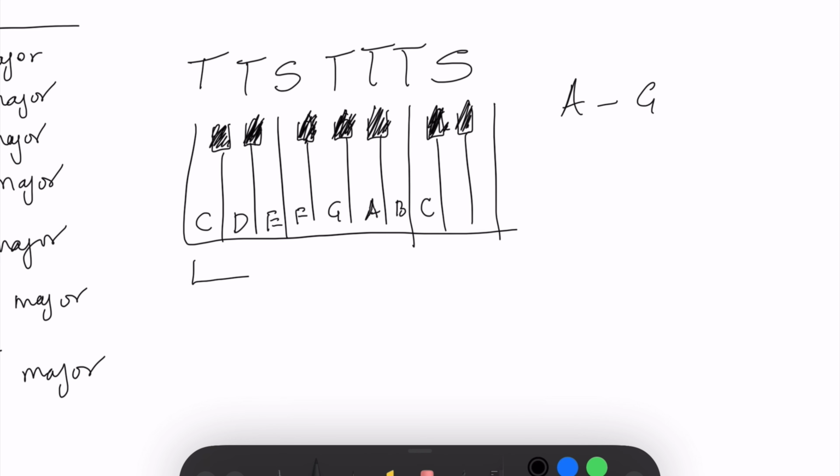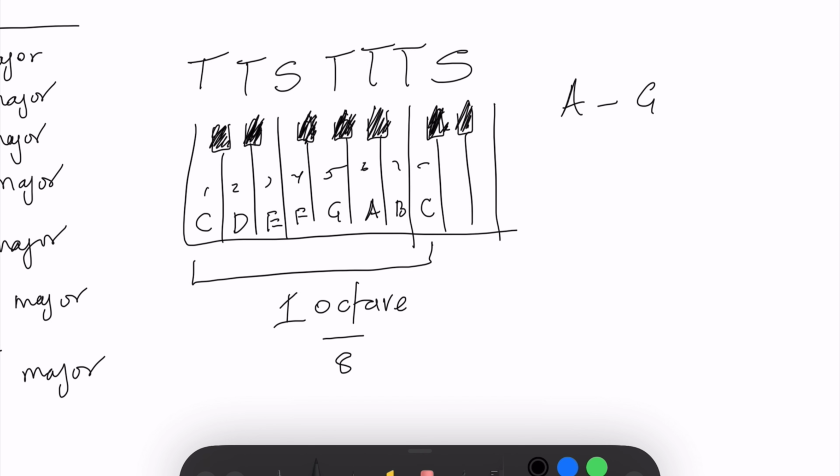And this is called one octave, from the word oct, which means 8. So we have 8 notes: 1, 2, 3, 4, 5, 6, 7, 8. From C to C, you have one octave.